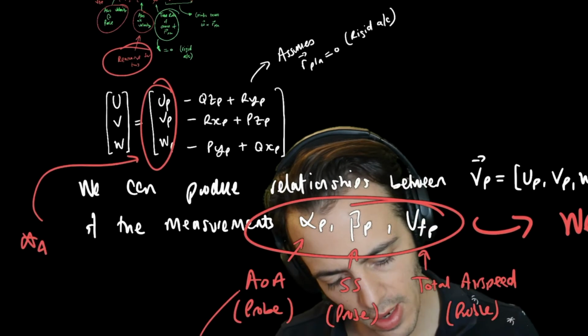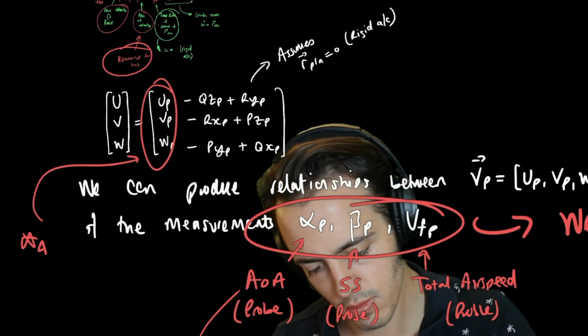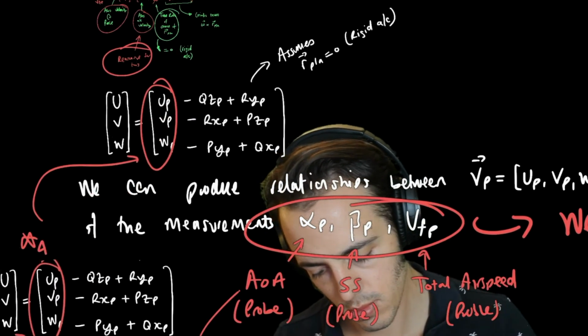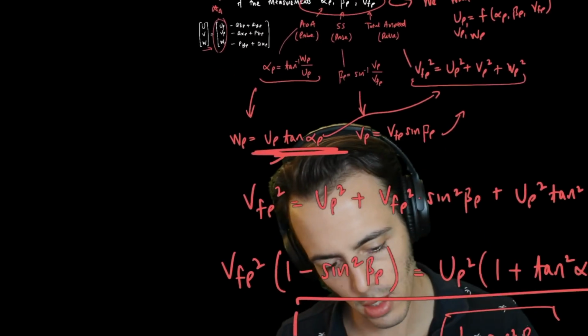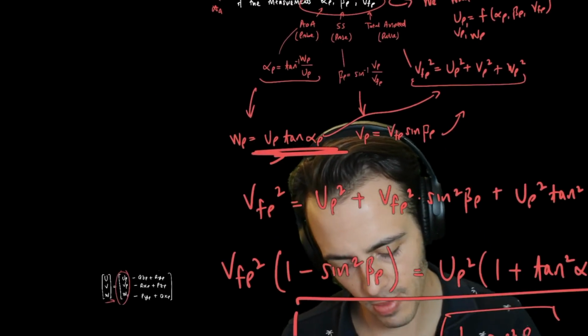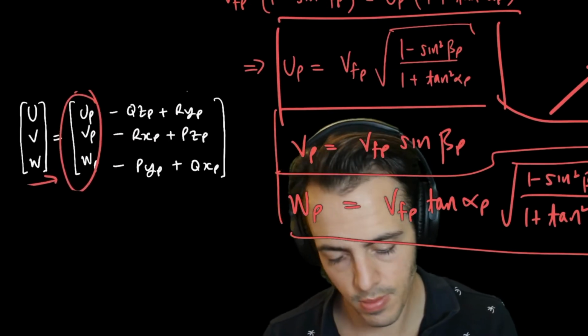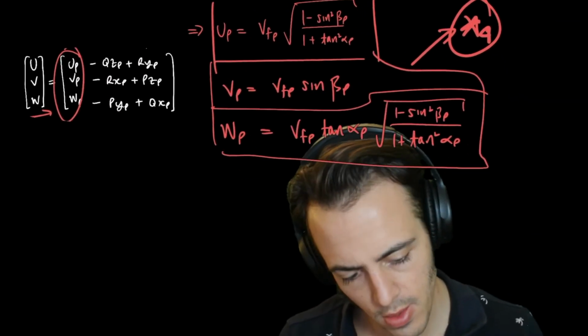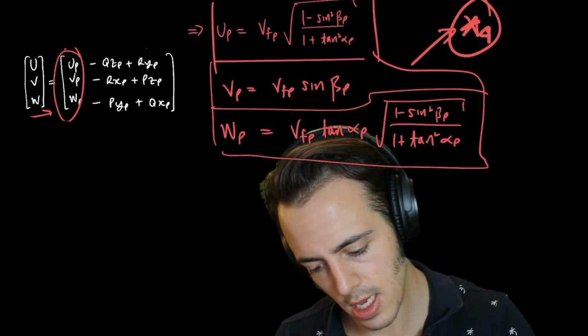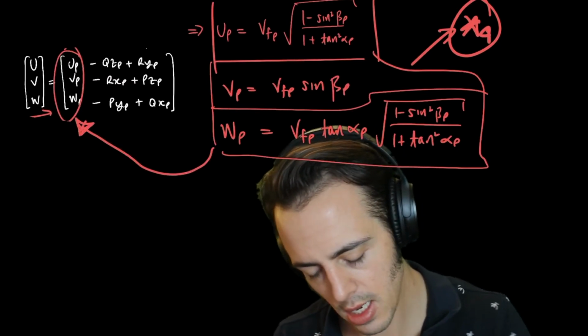Rather than do it this way around, let's copy this down. I'm going to rewrite this. I want to just be able to see it at the same time as everything I've got here. So we want to take these and put them in here.